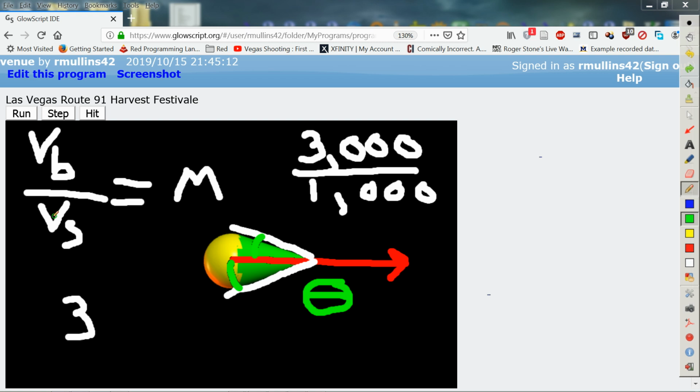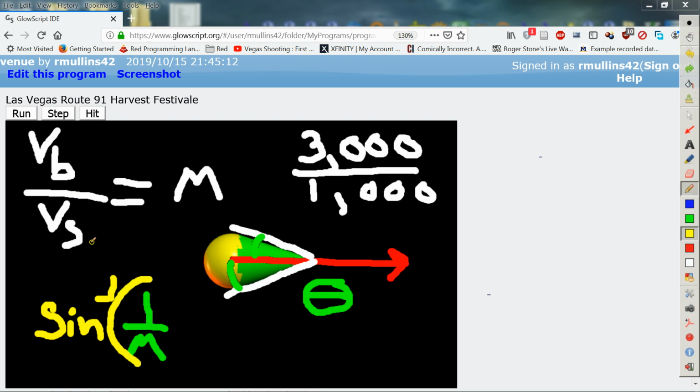And he basically said that 1 over the Mach number, and let's erase the 3 there because I need room to write. He said the Mach number, 1 over the Mach number, and you take the arc sine of it, which means you take the inverse function of that trigonometric function called sine, and we write it like sine to the -1, and then we put that all in parentheses, and that will give us theta.